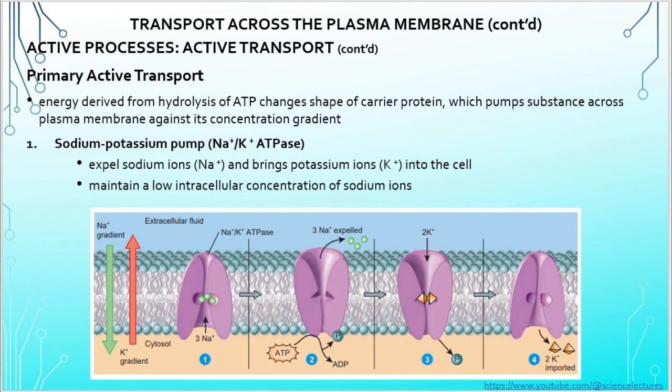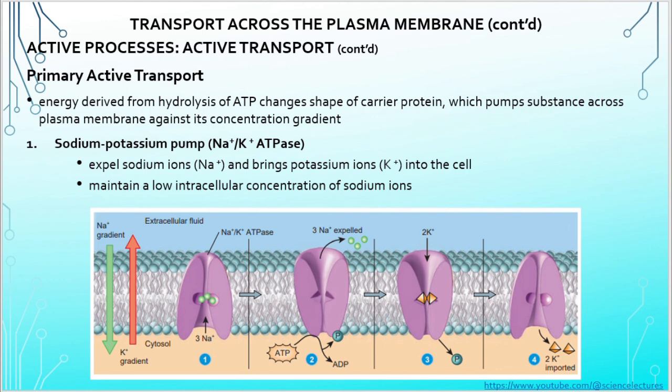So having talked about the two types of active transport, primary and secondary, we now look at the first of the two, primary active transport. In primary active transport, energy derived from the hydrolysis of ATP changes the shape of a carrier protein, which pumps the substance across a plasma membrane against its concentration gradient.